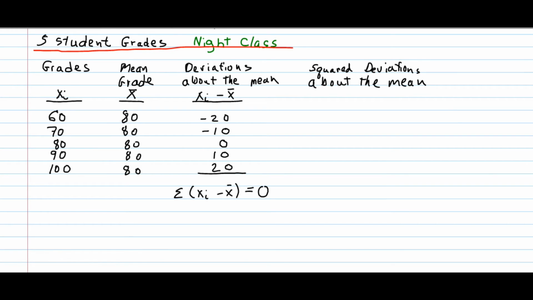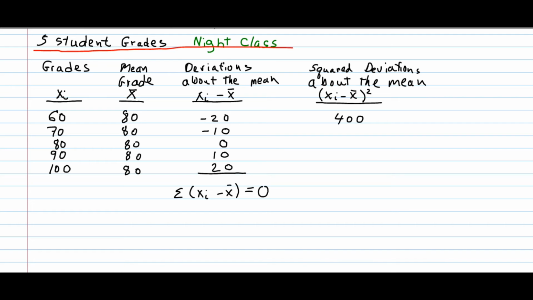The squared deviations would be column 1 minus column 2 gives you column 3, and then you take column 3 and square it to get column 4. So negative 20 squared would be 400. And you see what happens when you take a negative times a negative, you get a positive, so we get rid of that negative sign.